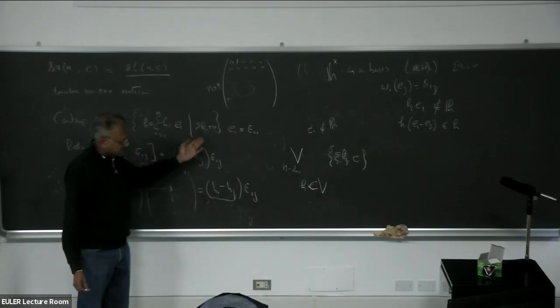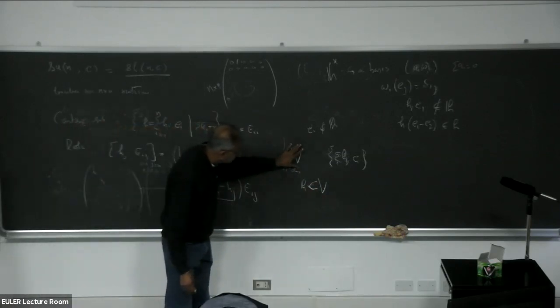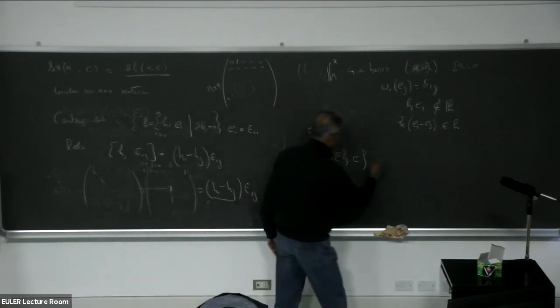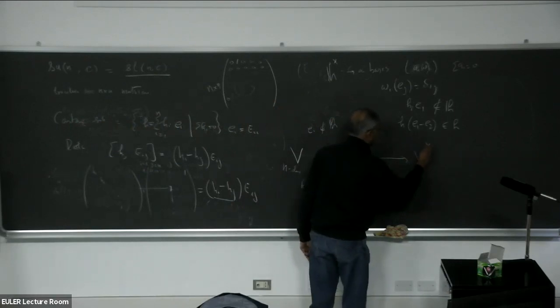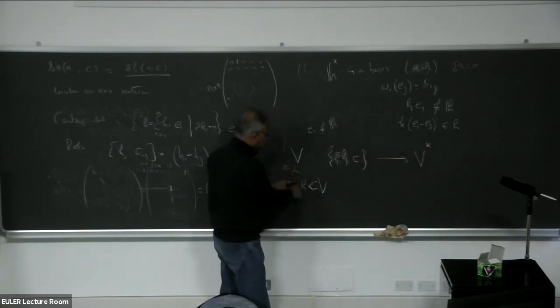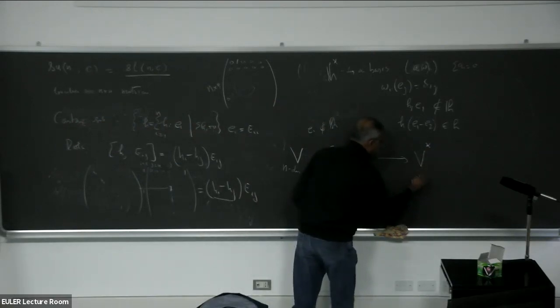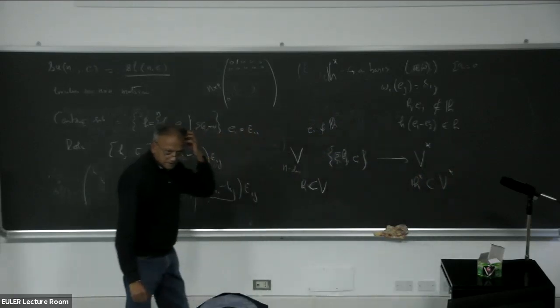So we started with this big V space, and then went to our Cartan subalgebra. Here again, in the dual, we go to the dual vector space V star, and then go down to H star, which is contained in V star. So this is the idea.